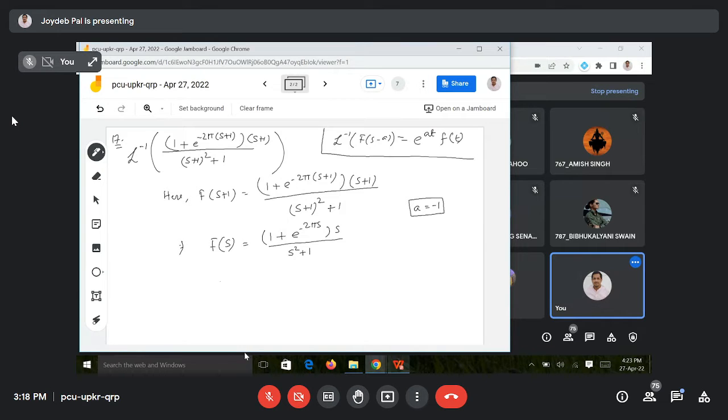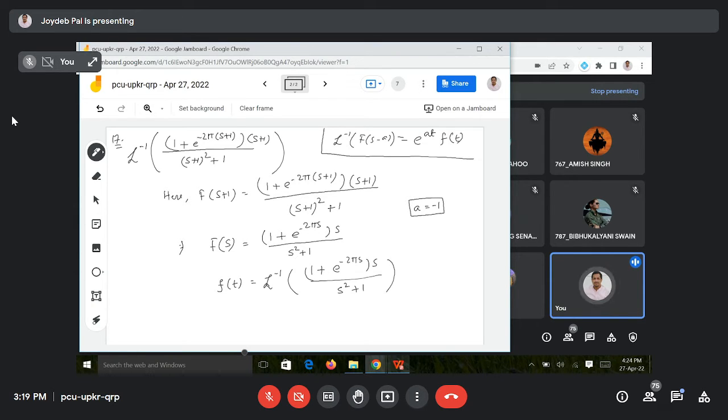Now ft is Laplace inverse of fs. That means Laplace inverse of (1 plus e to the power minus 2 pi s) whole bracket, s divided by s square plus 1, right? Now to find that Laplace inverse, what will you do? It contains an e to the power minus as type of term.